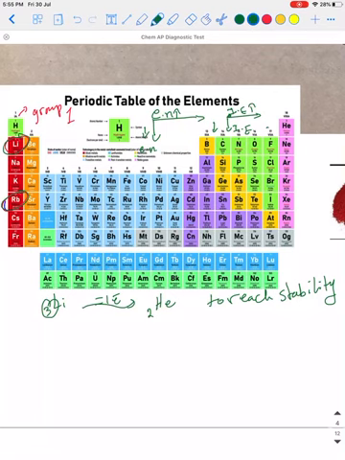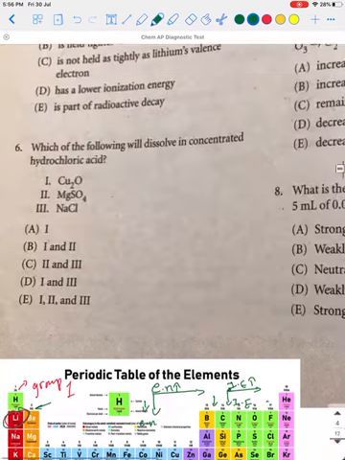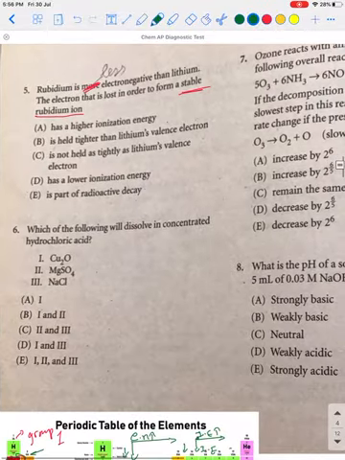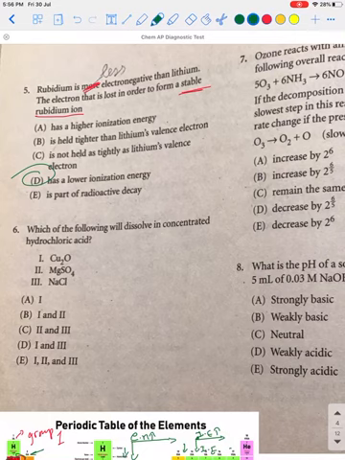So if we compare lithium and rubidium, lithium is above rubidium. So the electronegativity of lithium is higher than rubidium, and similarly the ionization energy of lithium is higher than that of rubidium. So the best answer is that it has a lower ionization energy. Right.